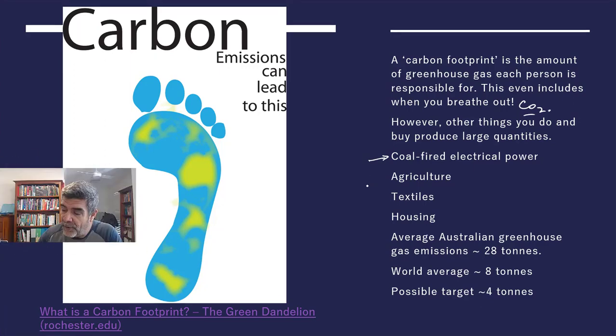We need to think about the food we eat, where we source that from, how fresh it is, and also what sort of land clearing, as we've talked about in previous videos, might have been associated with the production of that agriculture, and also what sort of fossil fuels might be being burnt in the processes of preparing the land, growing the crops, harvesting the crops, processing those crops, and then transporting them to the supermarkets and ultimately to our tables.